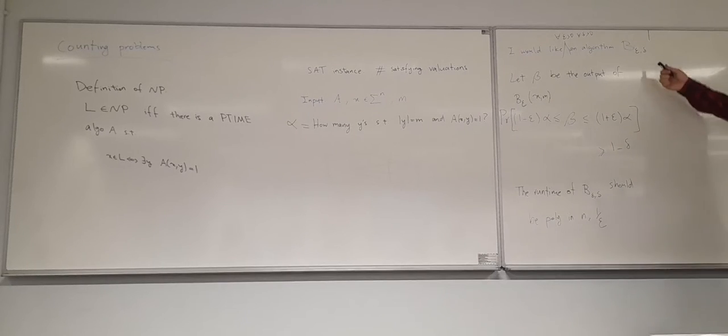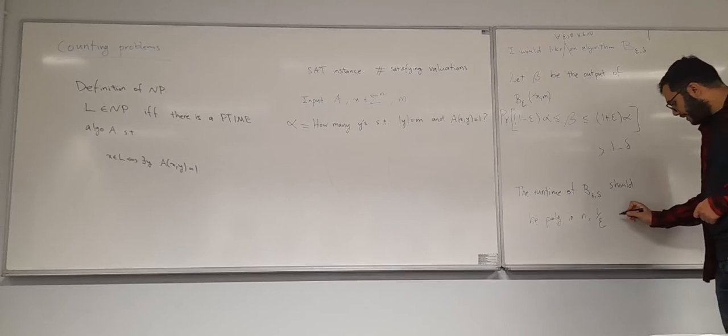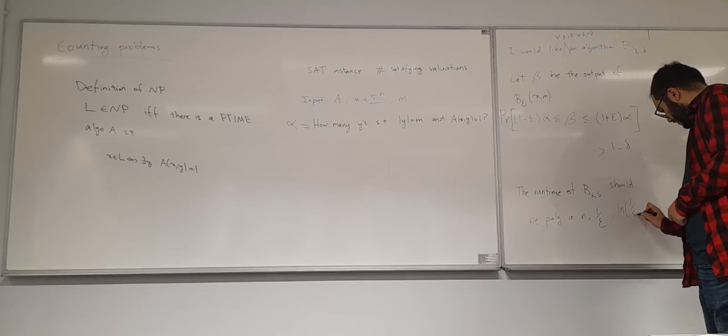Okay, but now I have this extra bit delta as well. So what should I do with the delta? So I can say that it should also be polynomial in 1 over delta, right? But actually, the standard is to say that it's polynomial in the log of 1 over delta.